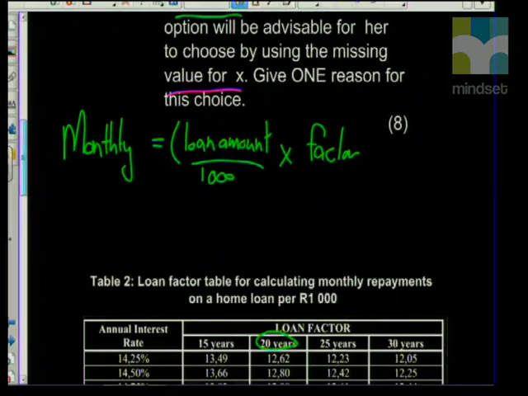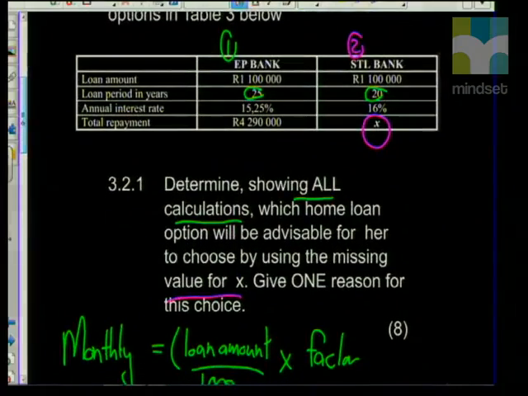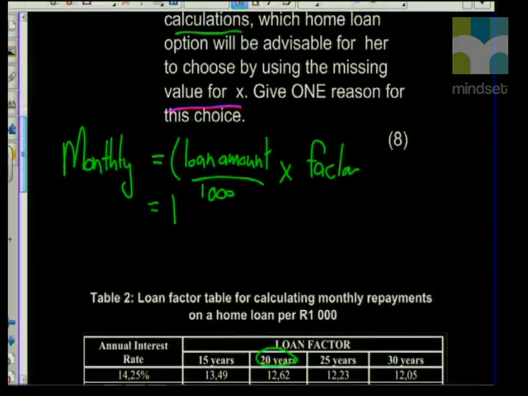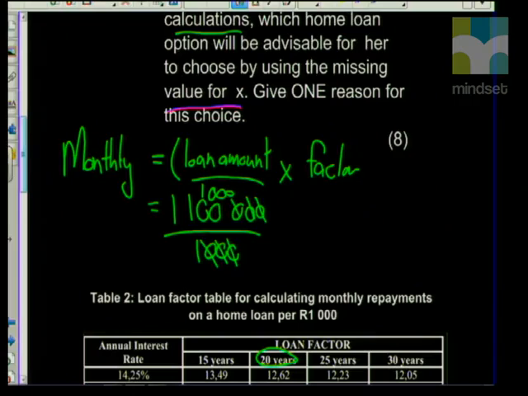Be very careful here, because we're going to put the loan amount in, and it's 1.1 million. So it's 1100, and then 3 zeros after that, divided by 1,000. And that means we cancel those 3 zeros off.